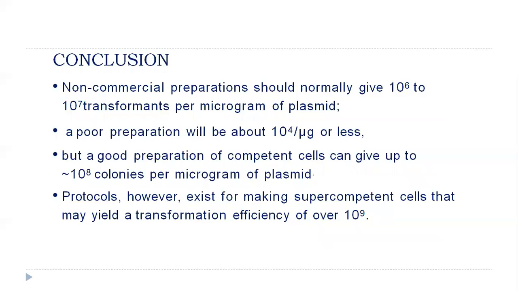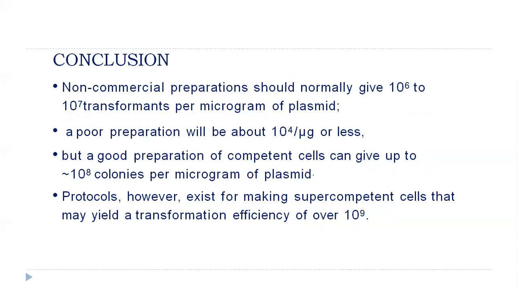Here in the conclusion part, we can tell you a non-commercial preparation should normally give 10 to the power 6 to 10 to the power 7 transformants per microgram of plasmid. And this is the normal range. A poor preparation will be about 10 to the power 4 per microgram or less.